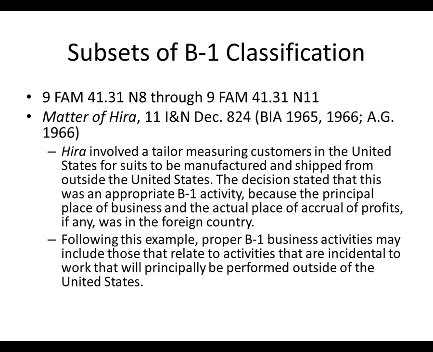The specifics of the ones enumerated in the Foreign Affairs Manual, the FAM, are listed in Chapter 4131, Notes 8 through 11, for those of you with access or interest in the FAM and the types of B1 activities that are explicitly permitted. The Department of State also maintains on its website a nice central area called the Business Visa Center that assists U.S. companies in trying to determine what is acceptable and what's not, listing by purpose of travel and then the specifics of each visit, what is a permissible business activity.